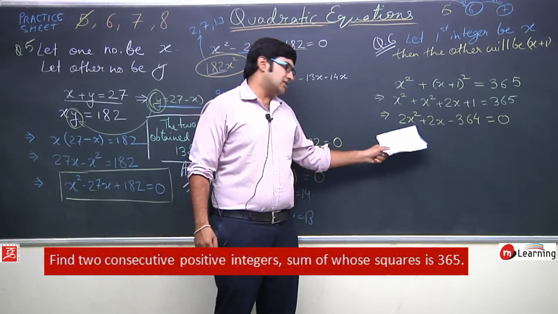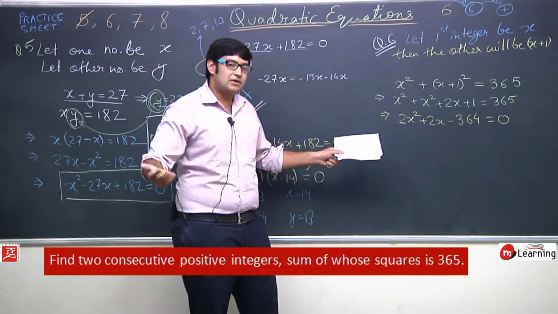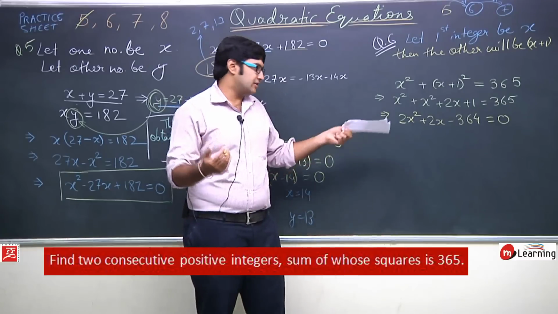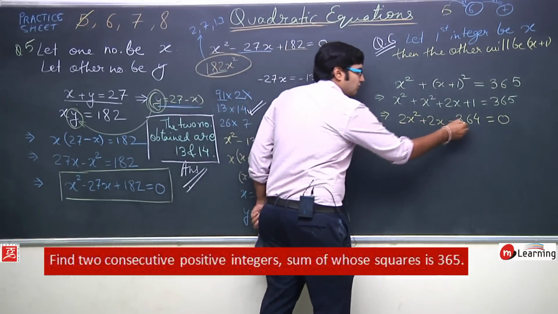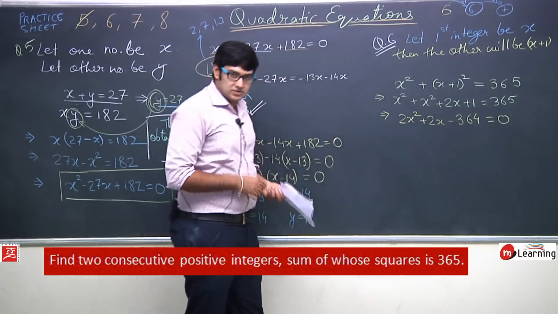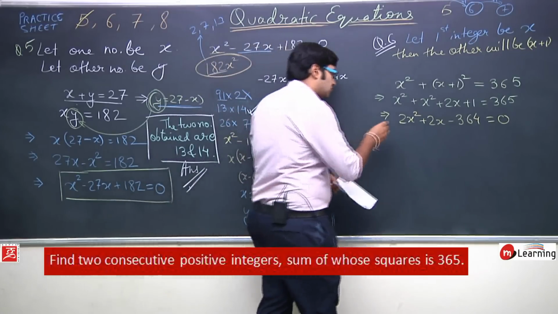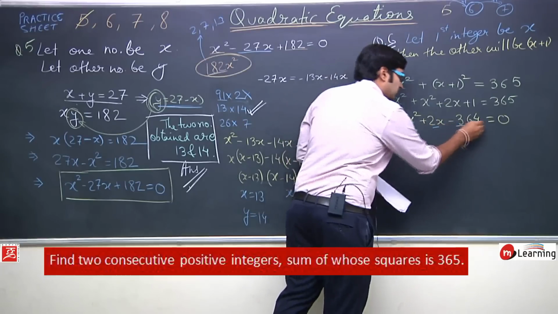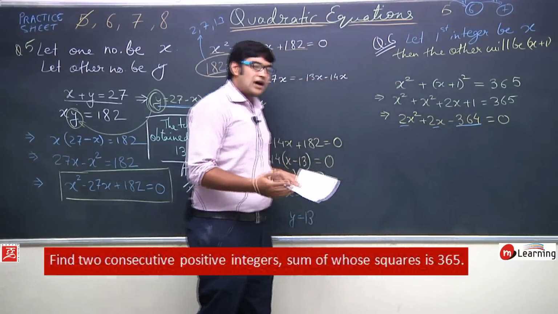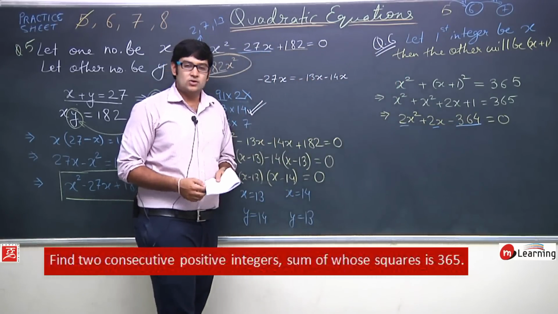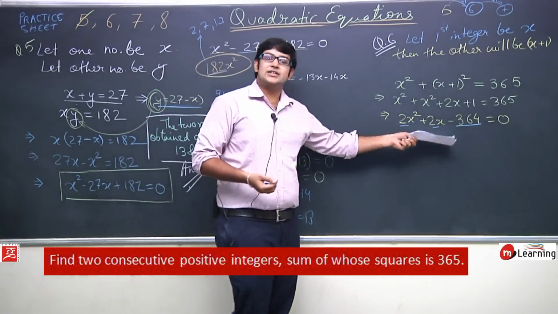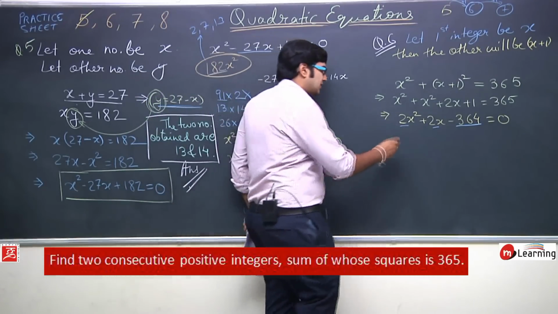Now if I divide this equation by 2, why am I dividing this equation by 2? I can see that the coefficients of all the terms, that is the coefficient of x square, the coefficient of x, and the constant term, are all divisible by 2. Since they are divisible by 2, I can further simplify this equation. How can I simplify this?